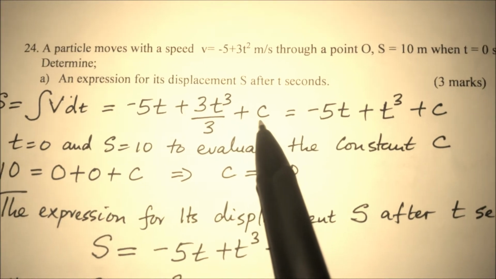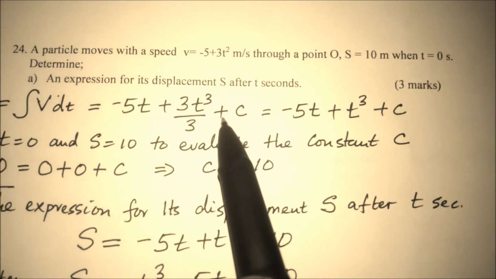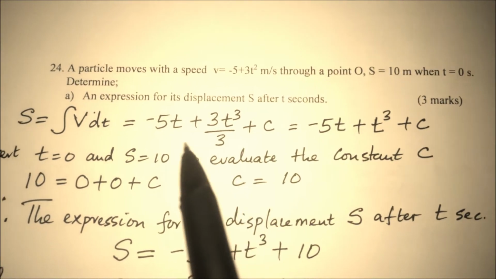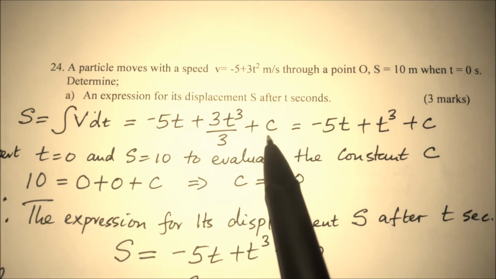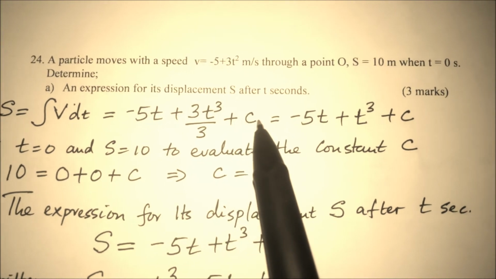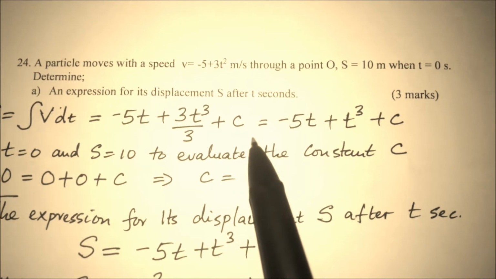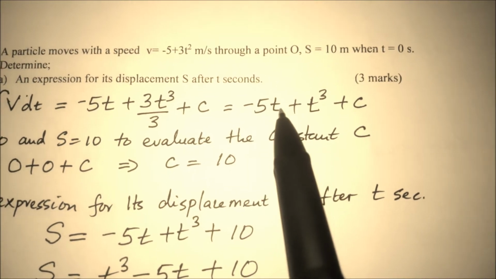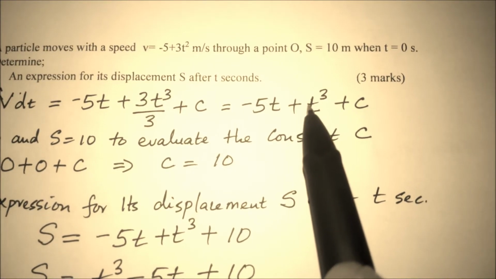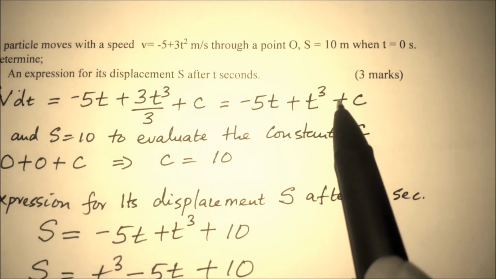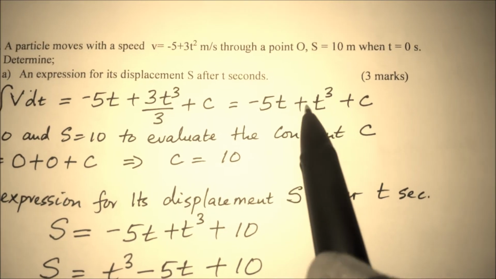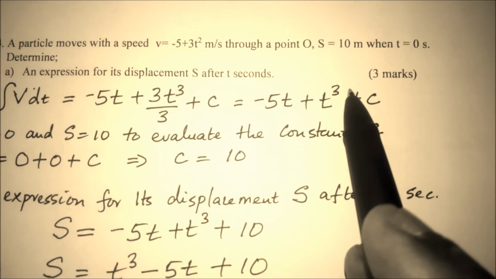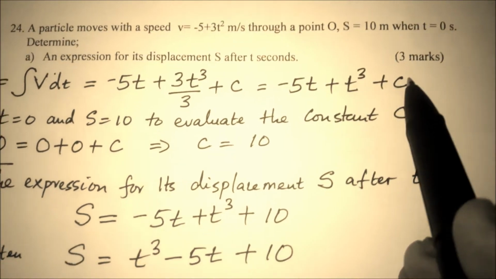And we must add that constant there. Every time you integrate, you must add a c, which is a constant. Now on simplification, this becomes -5t plus t raised to power 3 plus c. If you rewrite this, you can also write t power 3 minus 5t plus c.